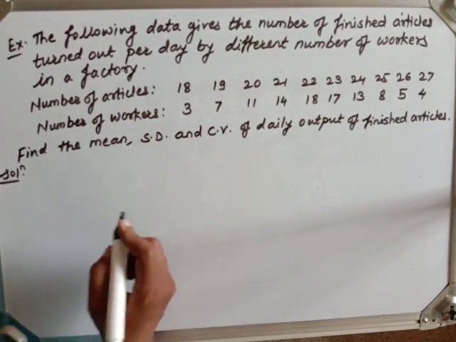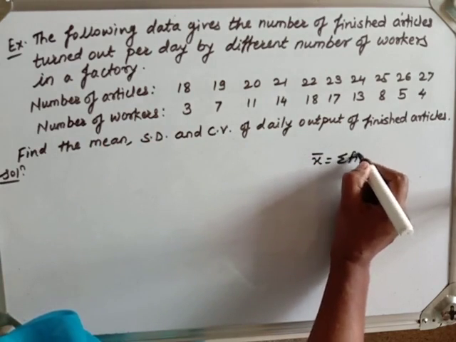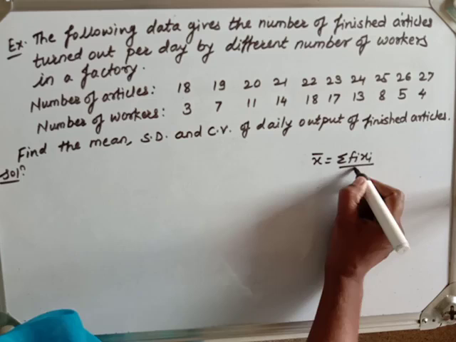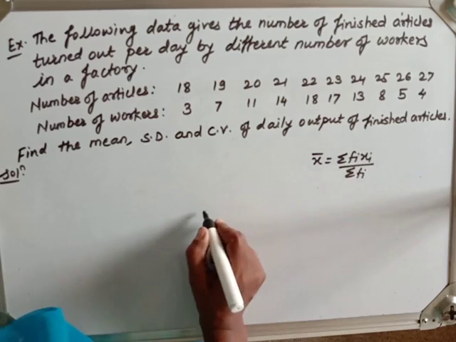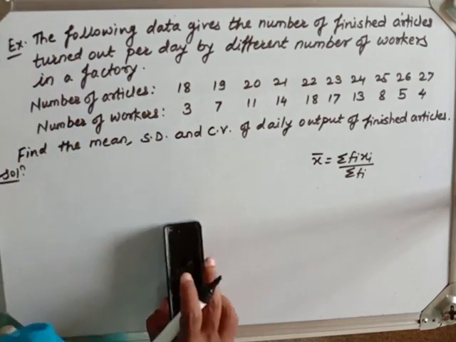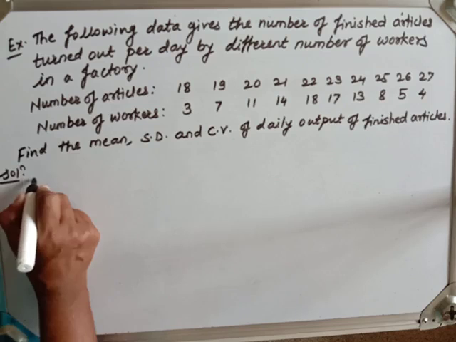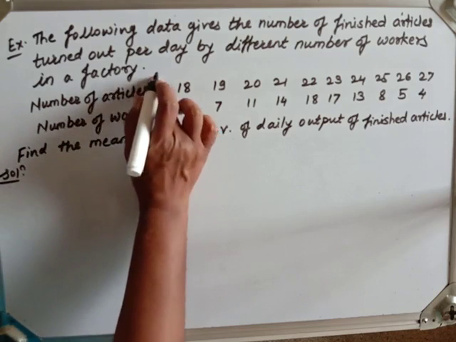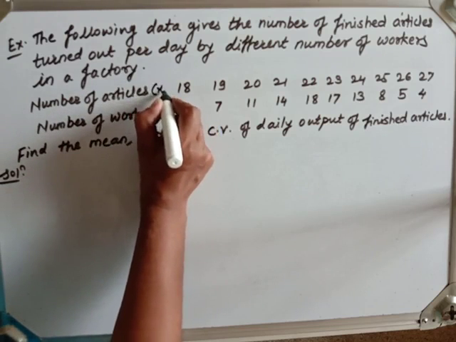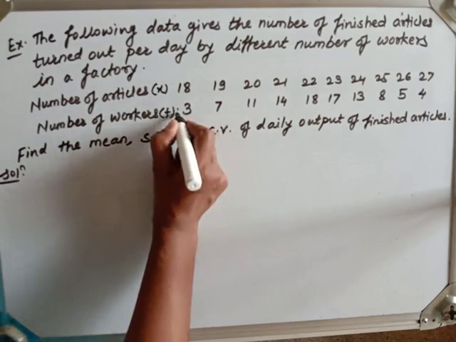The formula for x bar is summation fi xi upon summation fi. Similarly, we need it for the standard deviation and the coefficient of variation also. So the number of articles are our xi's, and the number of workers is f.